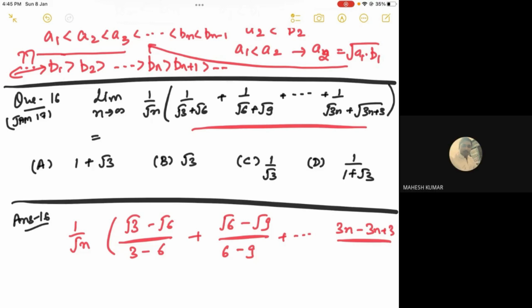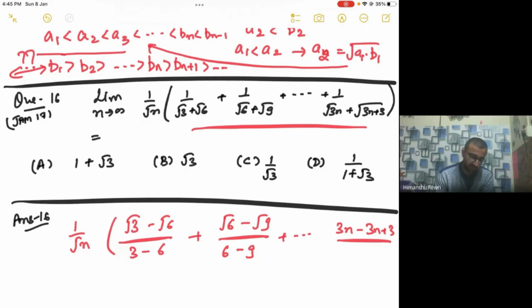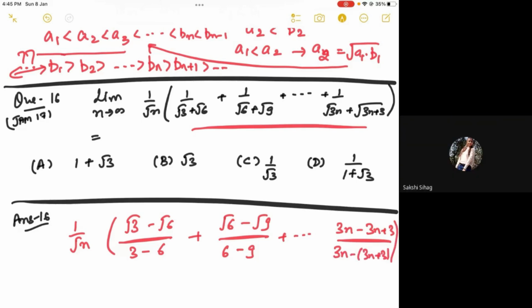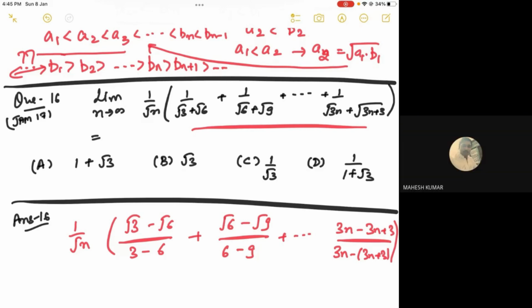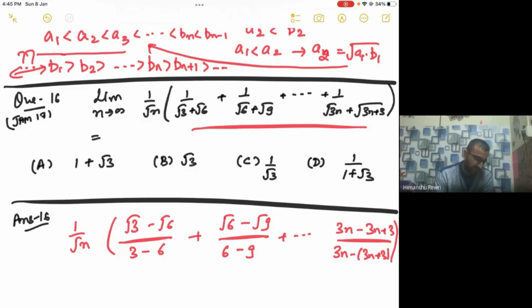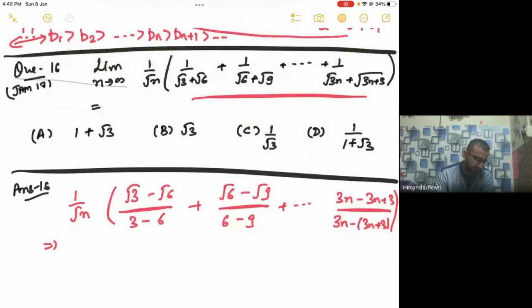Am I doing this correctly? Correct, sir, I have rationalized: root 3 minus root 3n minus root 3n plus 3. Downstairs it will come as the formula a square minus b square. So minus 1 by 3 will come common from all the denominators.